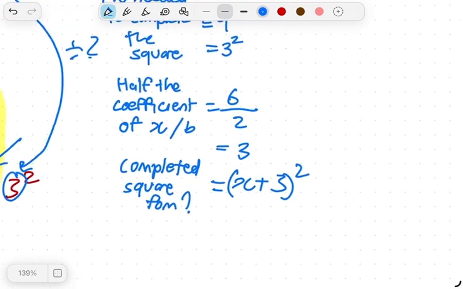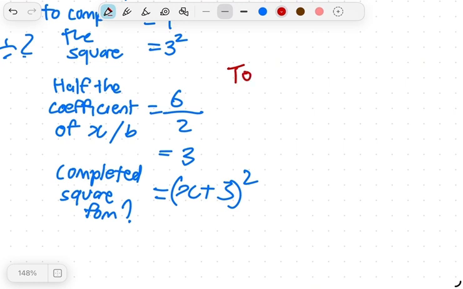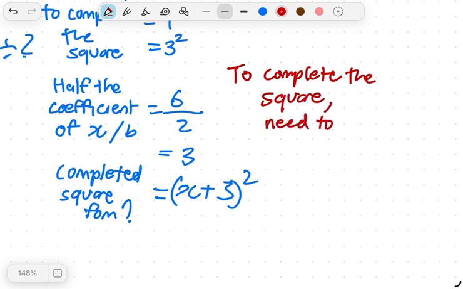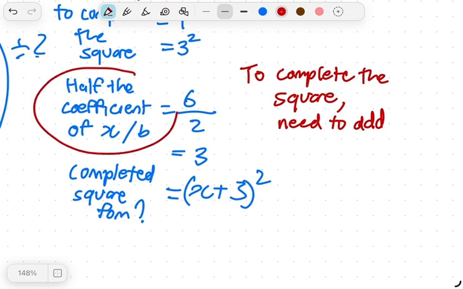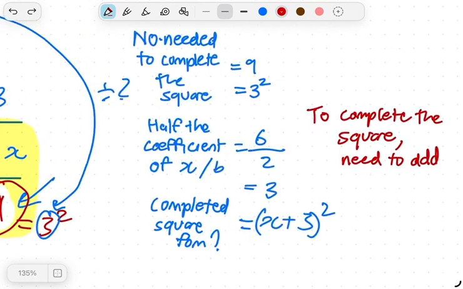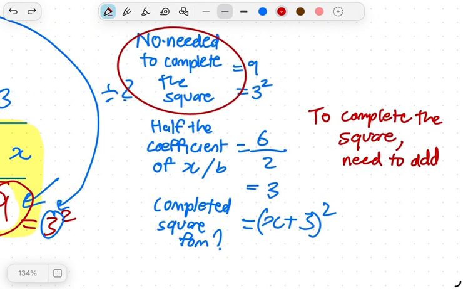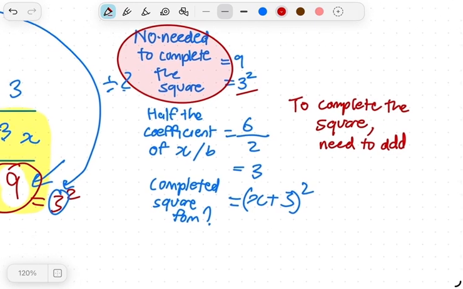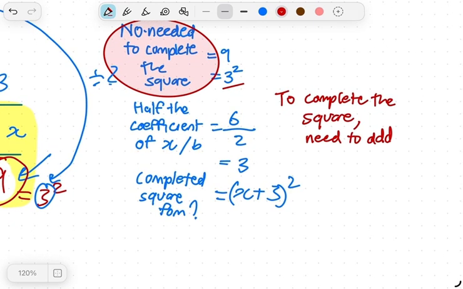Which means to say, in order to complete the square, I need to add a value. And what is that value? I need to add half the coefficient of b. I need to add the number needed to complete the square, which is 3 squared. And how do we get 3 squared?